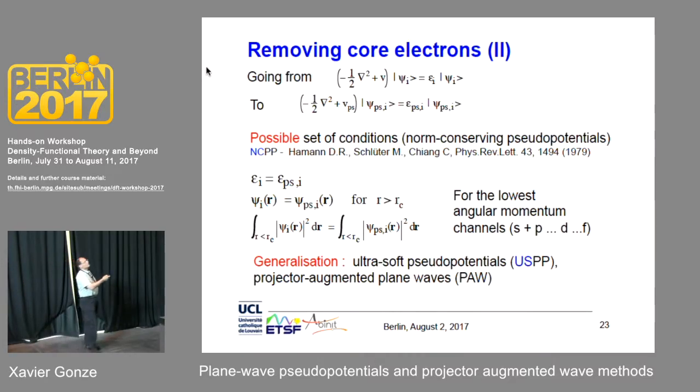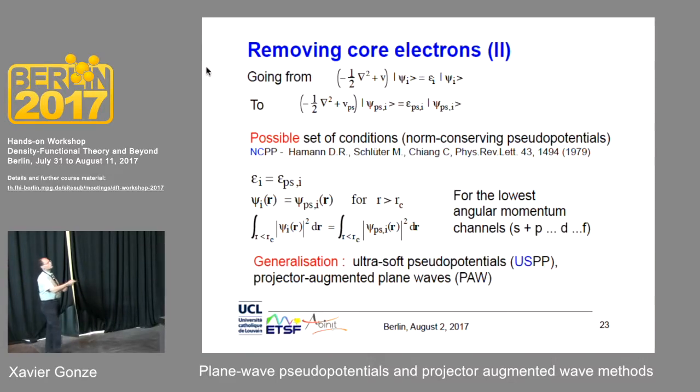Second condition, the all-electron wave function and the pseudo wave function must be equal beyond some cutoff radius. And then another constraint, we require that inside the cutoff radius we have the same charge from the pseudo and from the original wave functions.